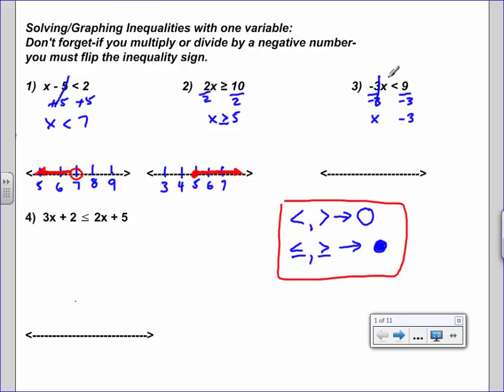So this less than will now become greater than. Okay, so let's see, open or closed circle. It looks like it will be an open circle. And greater than, you shade to the right.